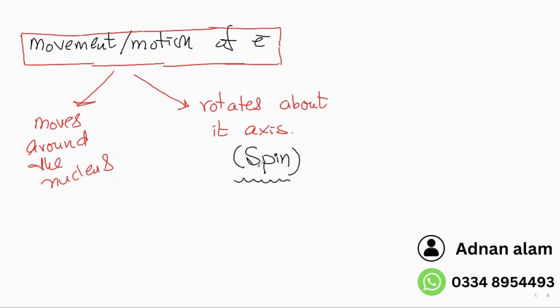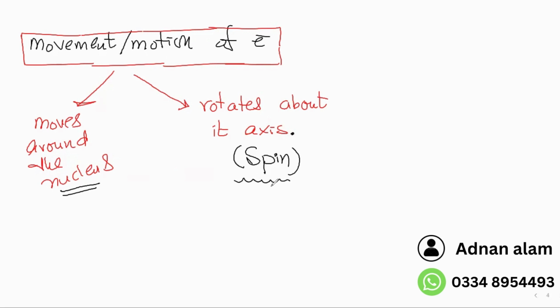So both our planet Earth and the electron spin, along with their motion around the center. For the atom, the center is the nucleus, and for the solar system, the center is the sun. So the electron moves around the nucleus as well as rotates on its own axis. The electron's rotation on its own axis is known as spin.